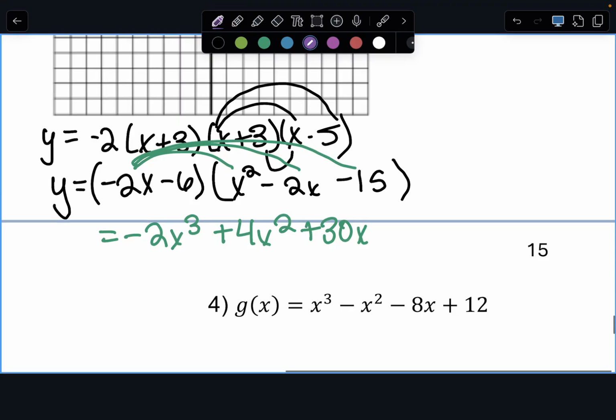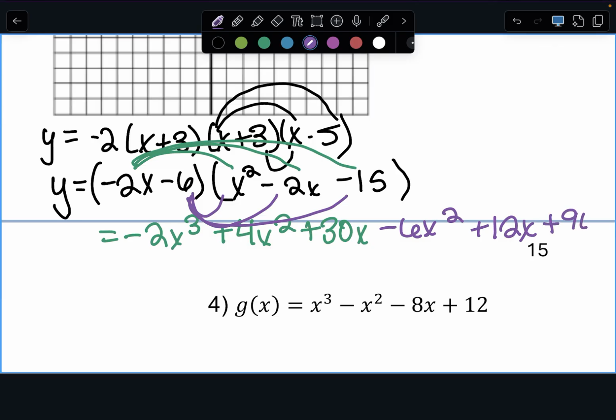And that's it for my first term. We have 3 new terms. Now we have to deal with the -6. So -6 times x squared is -6x squared. -6 times -2x is positive 12x. And then the last piece, -6 times -15 is a positive 90.